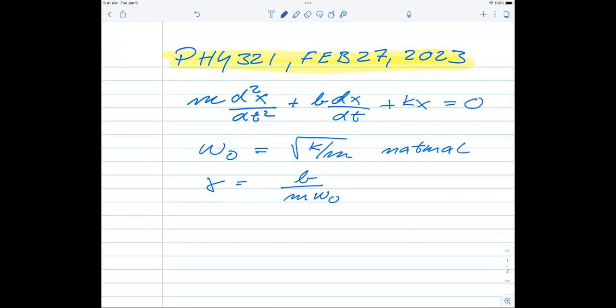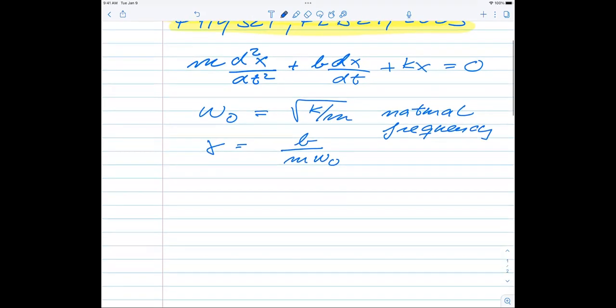And natural because it's defined by the constants which define the mass and the spring constant. So it's a system-specific constant. And this is the frequency it will oscillate with if you don't have any damping. So remember that the first case we looked at was a pretty boring one. We had no damping, and then it would just oscillate back and forth with that frequency omega 0.